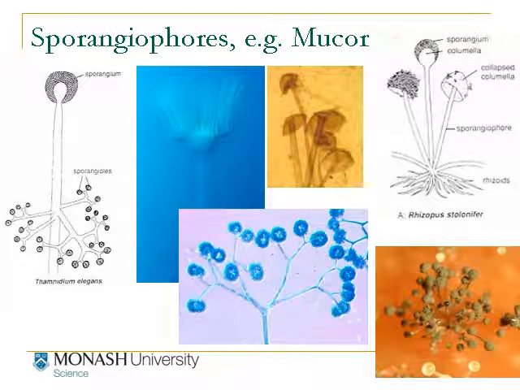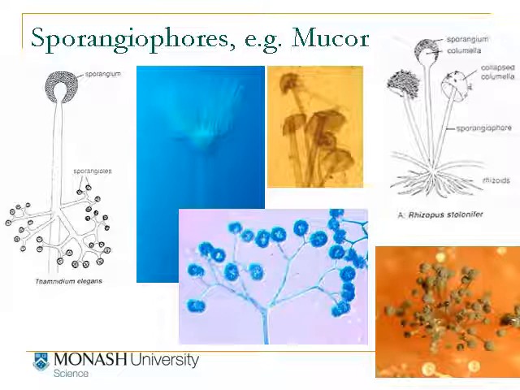In sporangiospores, such as Mucor species, you can see this typical columella underneath the sporangium that will collapse when the spores are released. And shown here at the bottom is a close-up picture of the sporangium formed on an orange.